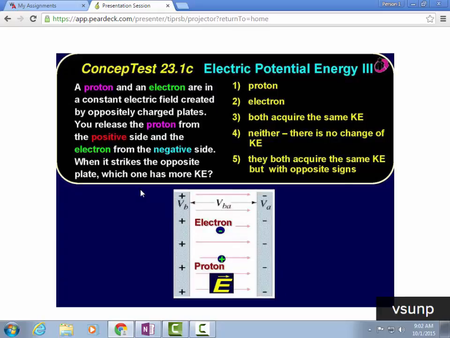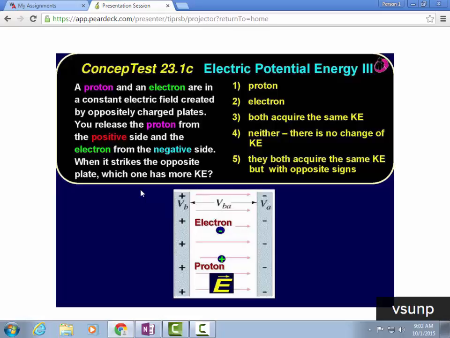Which one has more kinetic energy? Oh, true. It's equidistant from the plates, right? Yeah, the proton and electron are equidistant from the plates. No, it'd be the electron, because velocity is squared.